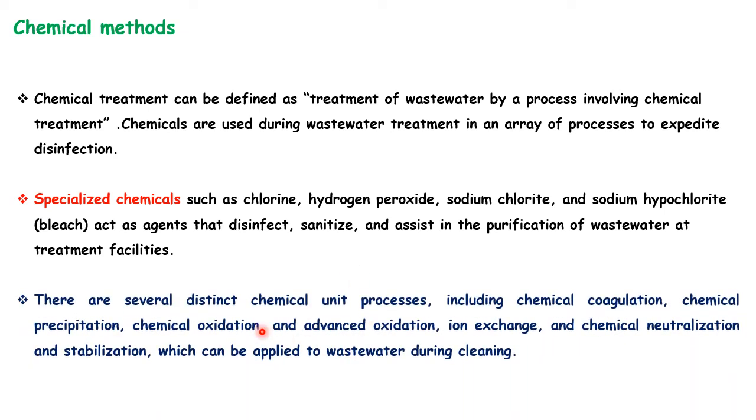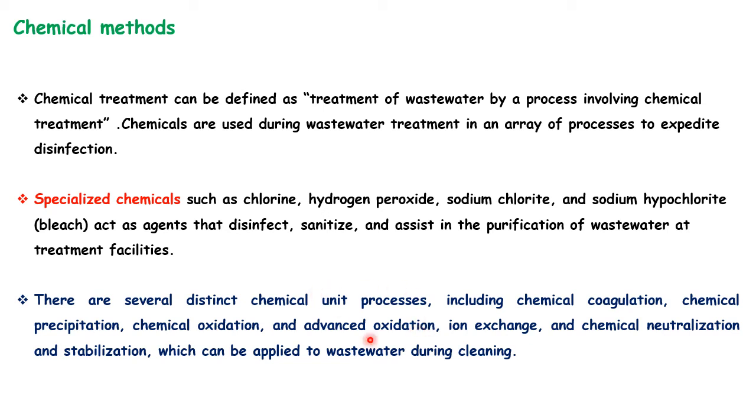In the chemical method, there are different processes, which include chemical coagulation, chemical precipitation, oxidation, advanced oxidation, ion exchange, and chemical neutralization and stabilization. All these processes will vary depending upon the nature of the water that they are treating.